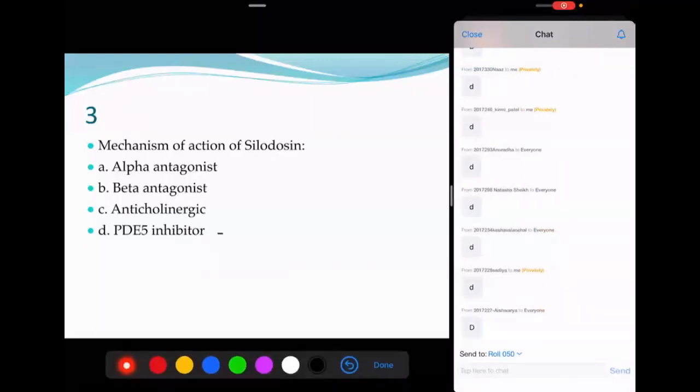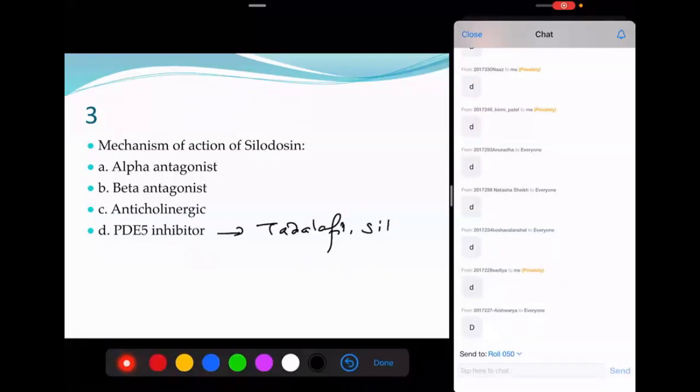Phosphodiesterase inhibitors, for example, tadalafil, sildenafil. Anticholinergic or antimuscarinic drugs are solifenacin and tolterodine.